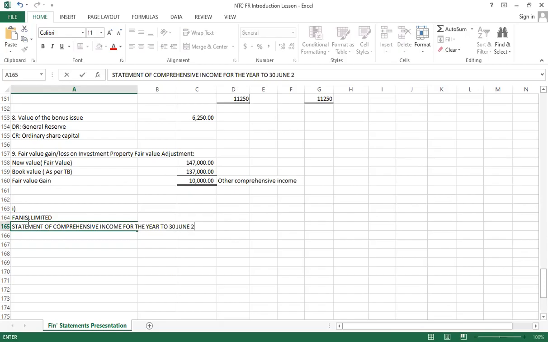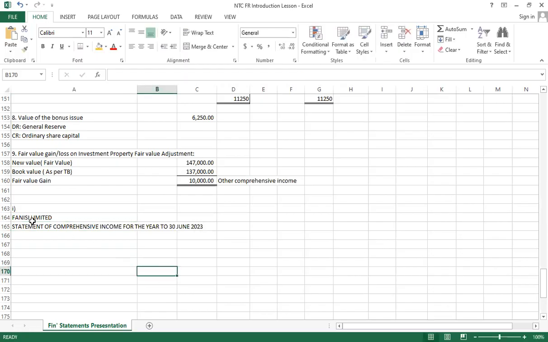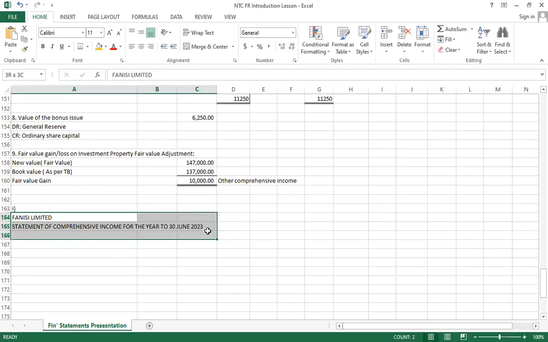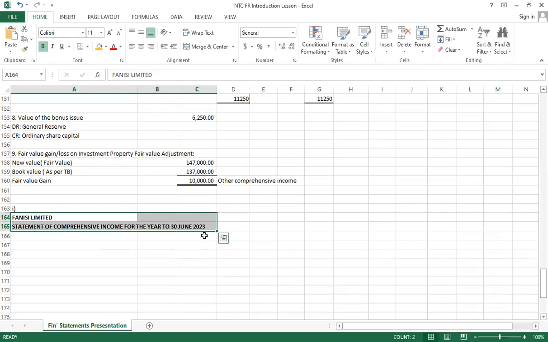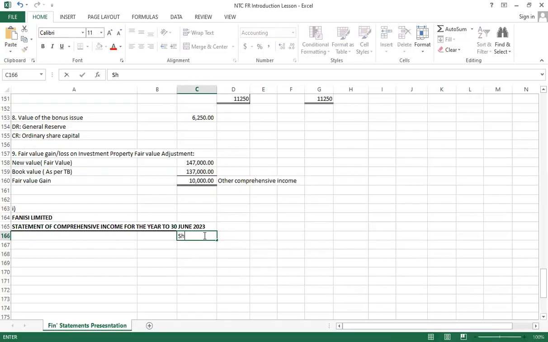And we are reporting in shillings in thousands.